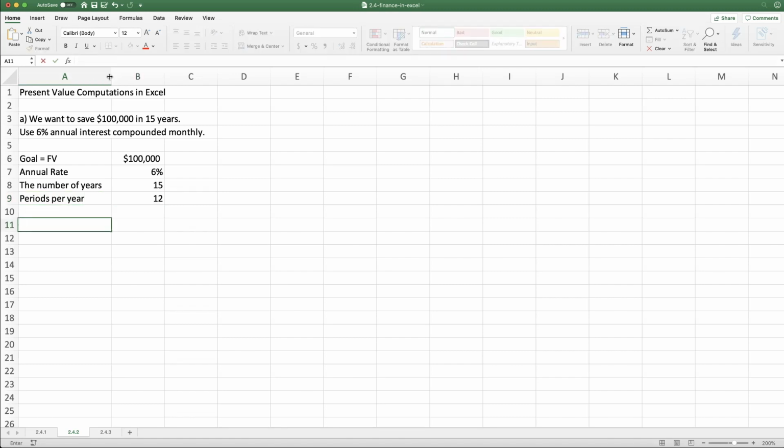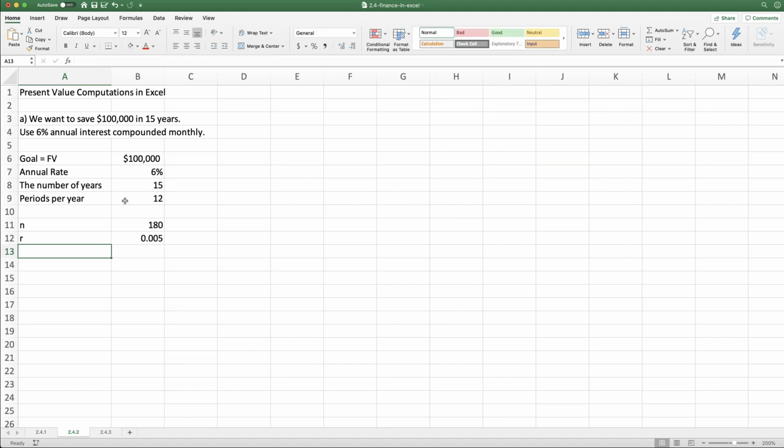Then the total number of periods over this timeline is n and is computed 15 times 12: 180 months over a 15-year period. The per period rate R is equal to 6% divided by the number of periods in a year. Annual divided by number of periods per year, 0.005.